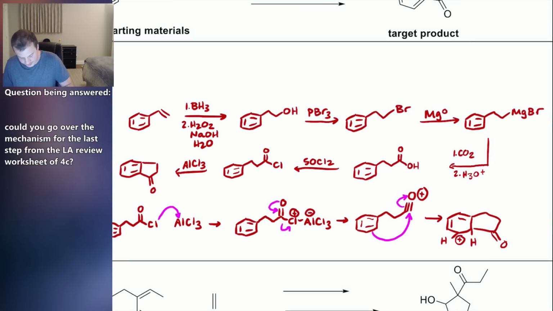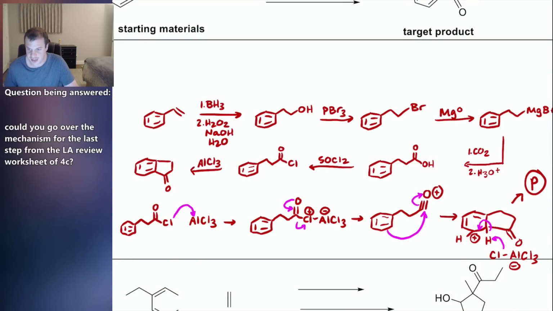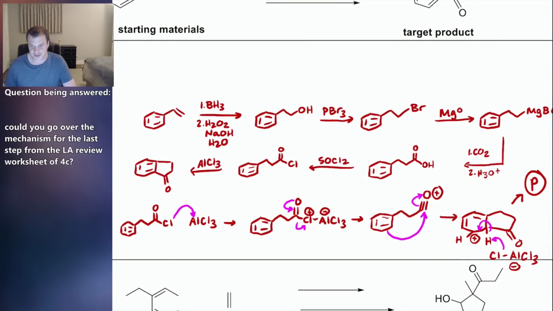And then the aluminum tetrachloride is going to act as a base to reform the aromaticity, and that leads to the product. And so that's the mechanism. Just a Friedel-Crafts acylation mechanism that happens to happen intramolecularly. I think there's also one of these on the practice final C, one of the mechanisms on that practice final is very similar to this problem right here.